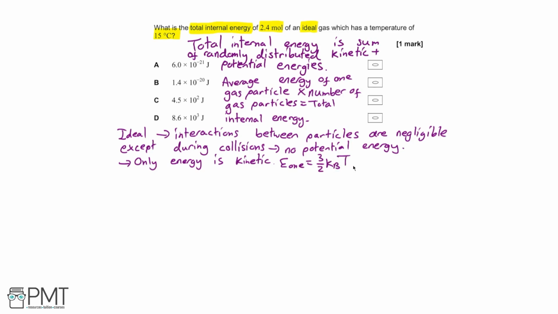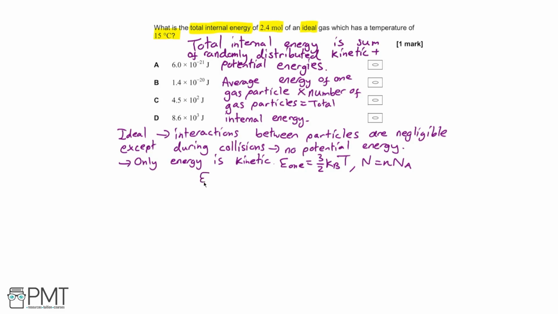Now we can use that the total number of particles in the gas, N, is equal to the number of moles of the gas multiplied by the number of particles in 1 mole, as the number of moles is just a way of counting the number of particles present in the gas.